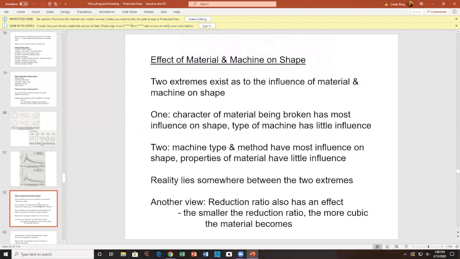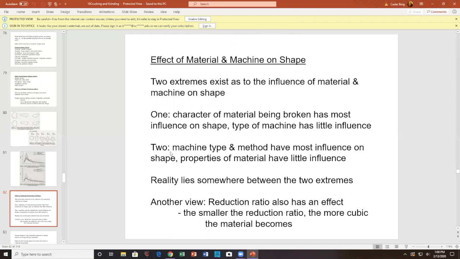Two extremes exist that influence the particle, right? Well, it's the material and the machine. One extreme is that the character of the material has the most influence on shape. The type of machine doing the breakage has no influence.